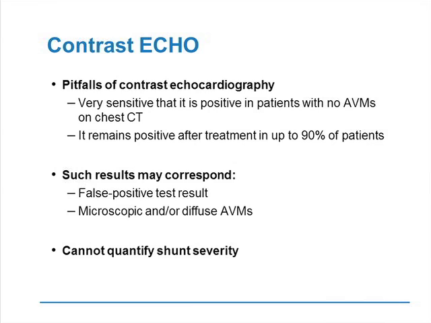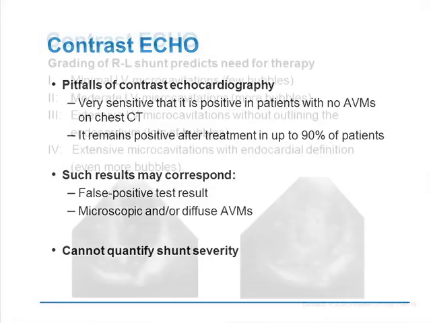So we feel that this is useful to say that the patient likely has microscopic AVMs, but the issue with contrast echo is it doesn't tell you how severe the shunt is or how many AVMs the patient has.